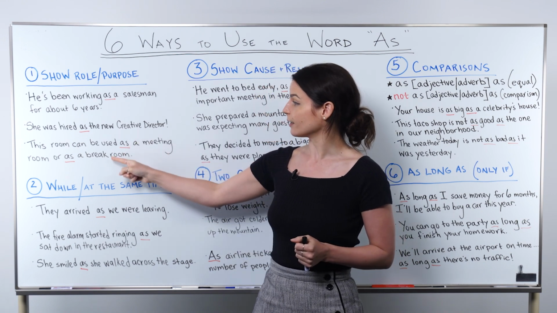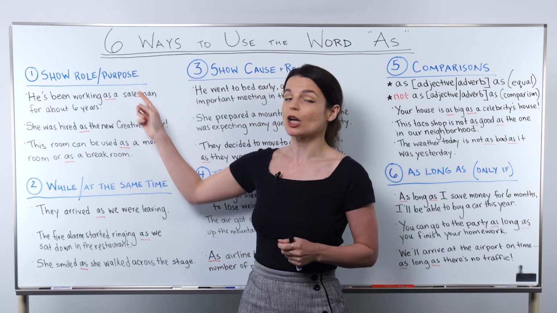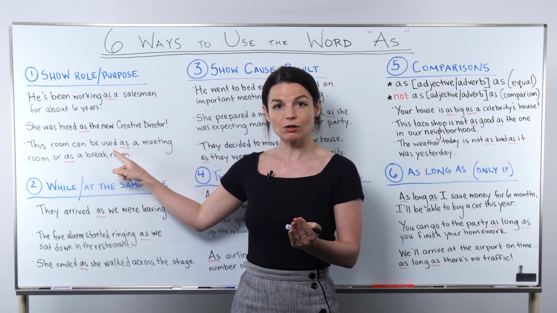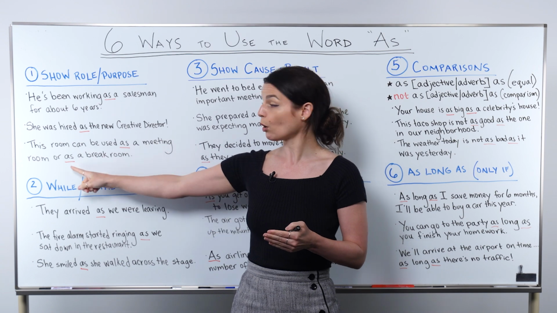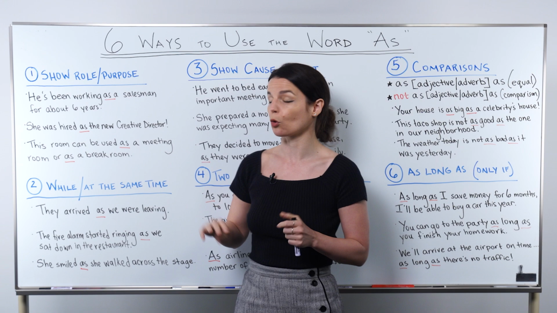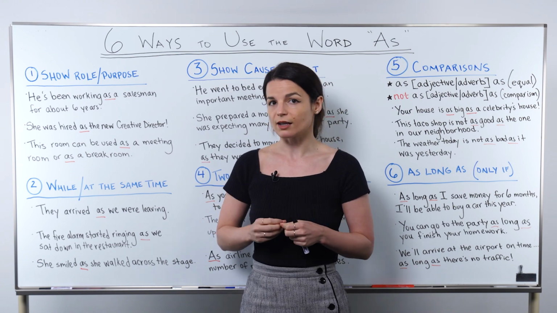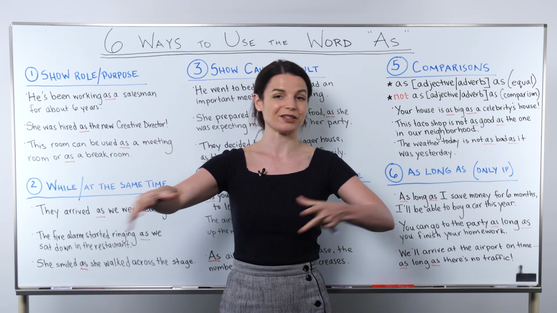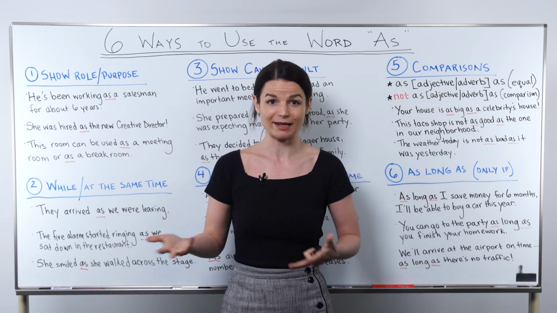Okay, now let's look at this use of "as" to talk about a purpose. So this room can be used as a meeting room or as a break room. In this case, we are talking about the purpose of a room. So a multi-purpose room. We can use this room for many different things.